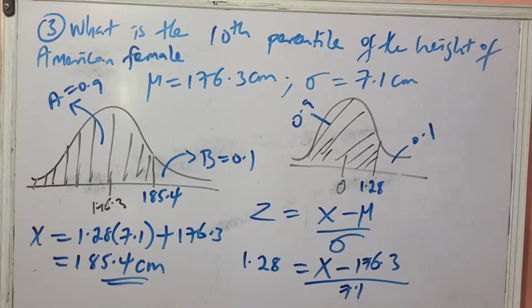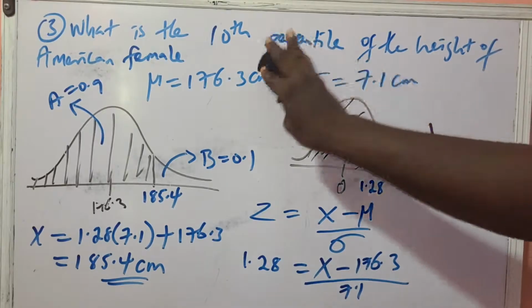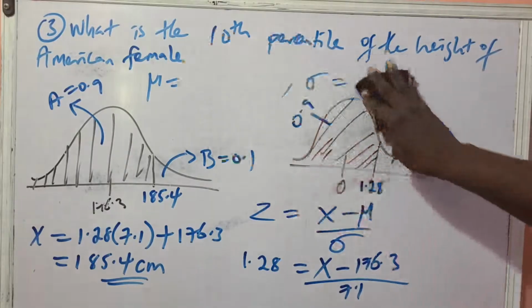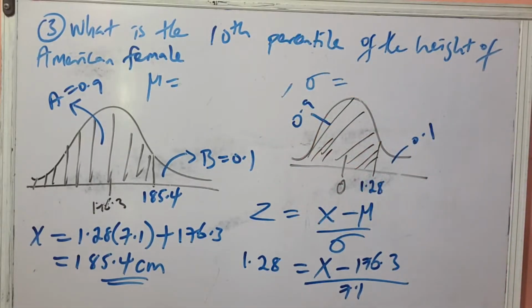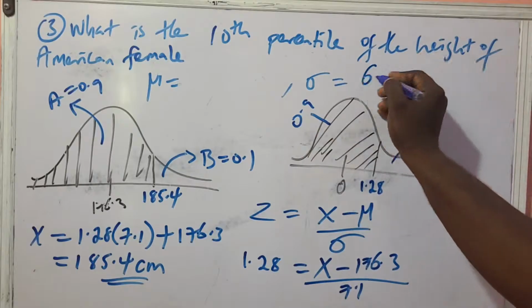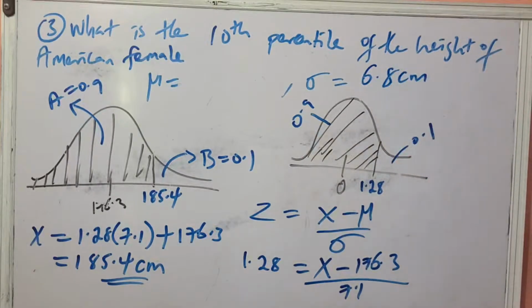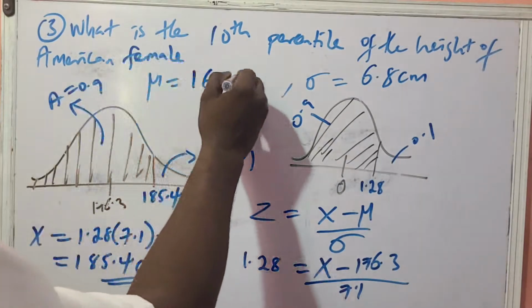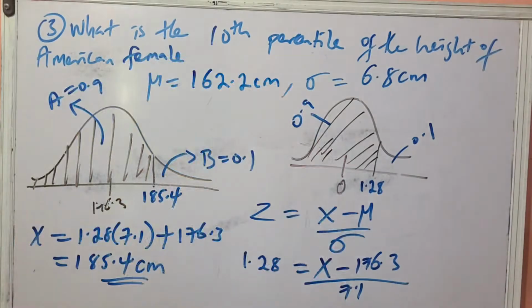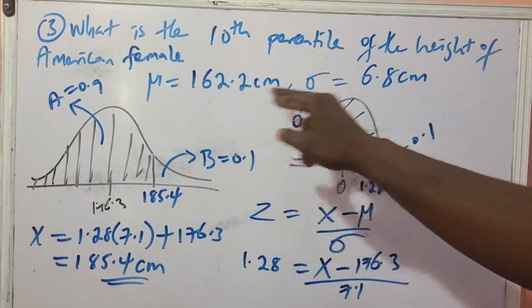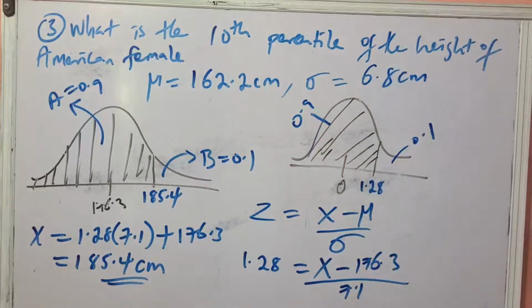Okay, yeah, the mean is 162.2 and your standard deviation is 6.8. All right. So can you attempt this question quickly? What is the 10th percentile of the height of American female? Now, in this case, your mean is 162.2 and your standard deviation is 6.8. Can you guys attempt this very quickly?